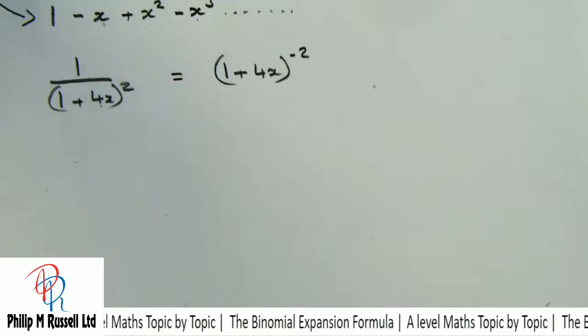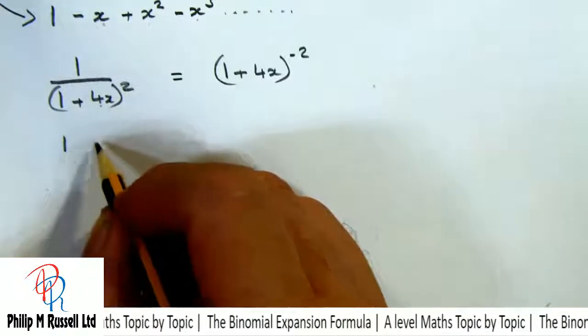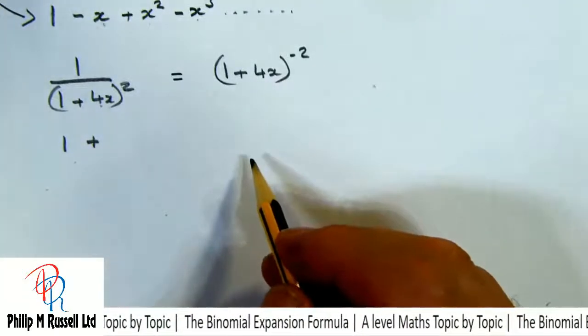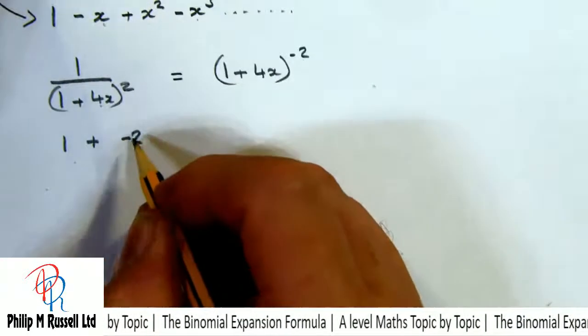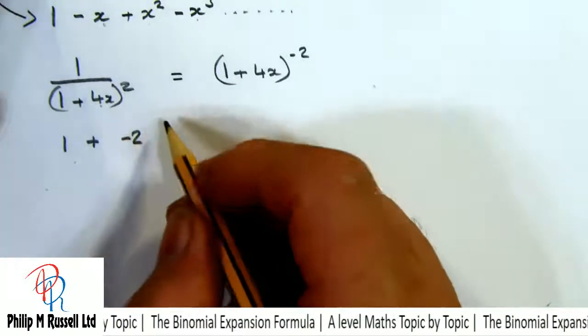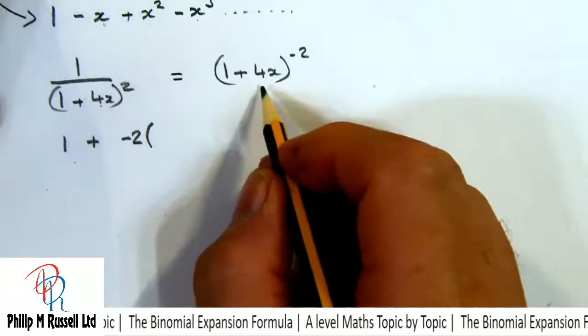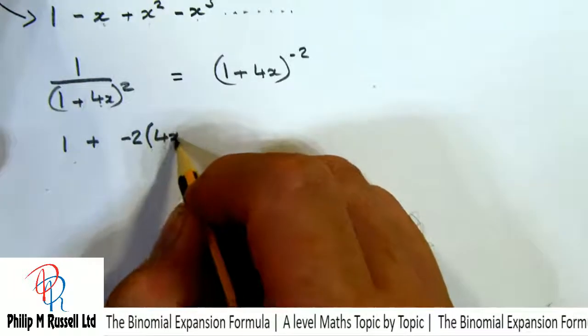So this is going to be, working at each term, it's going to be 1 plus, and now we've got minus 2 here, and that is going to times by 1, which is going to be a little bit boring, times 4x.